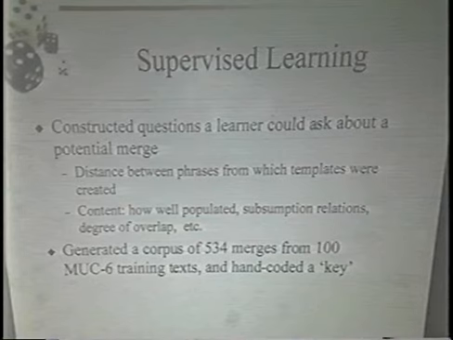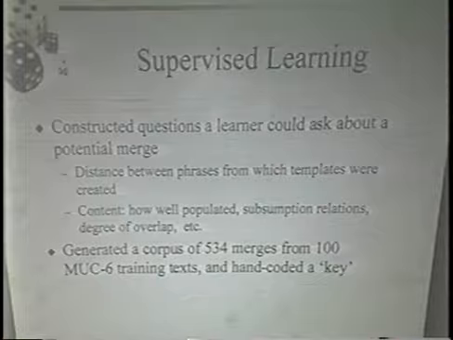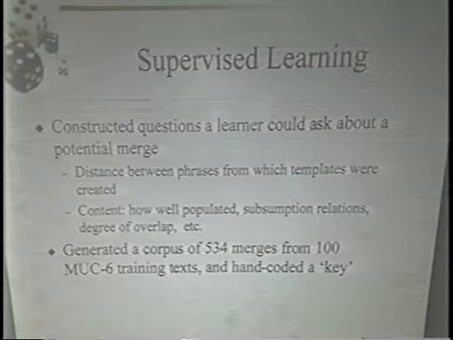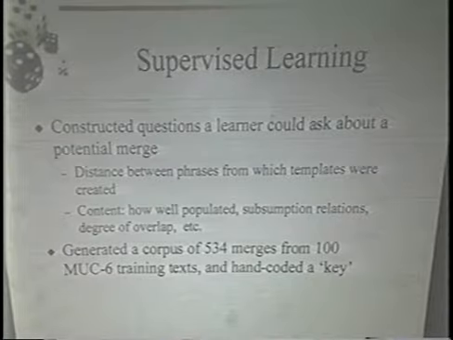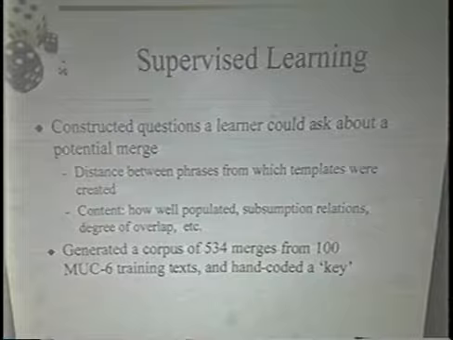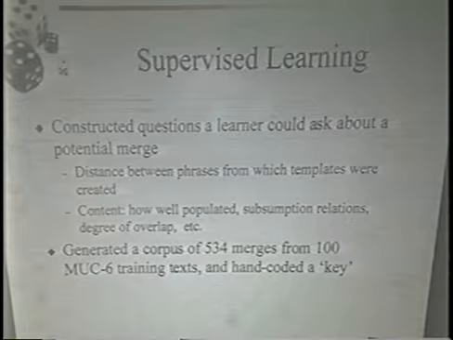They ask about, say, the distance between the phrases in the text that gave rise to the templates, under the idea that templates that were created close together are more likely to merge than one that, say, appeared in paragraph 1 and another in paragraph 5. And the content: how well populated are these templates? Do they overlap in content? If they do, then that's probably a good sign that they're reliable and should merge, and not if not.